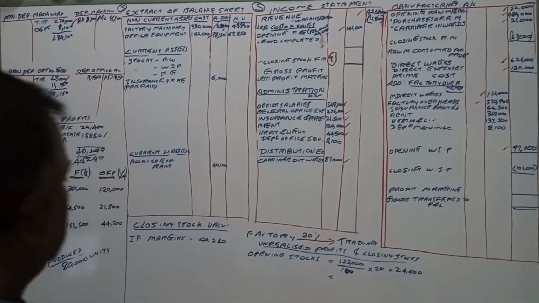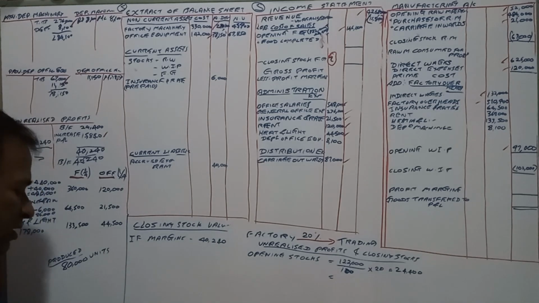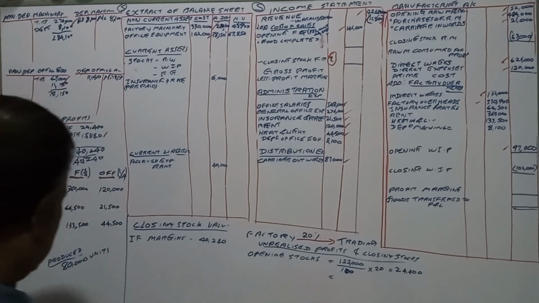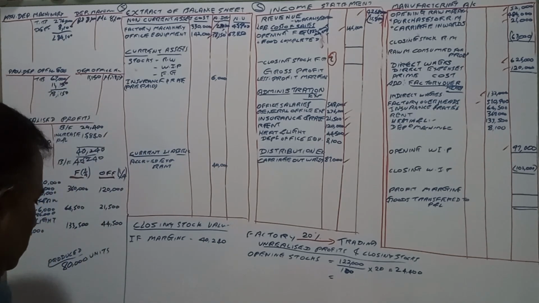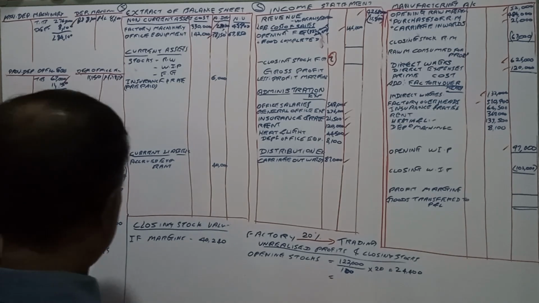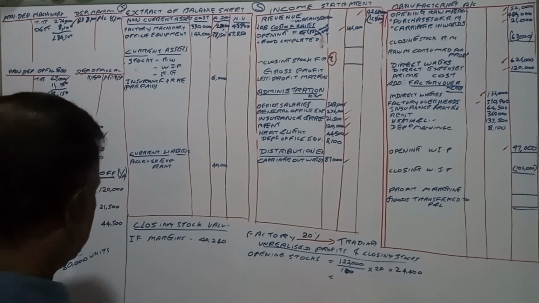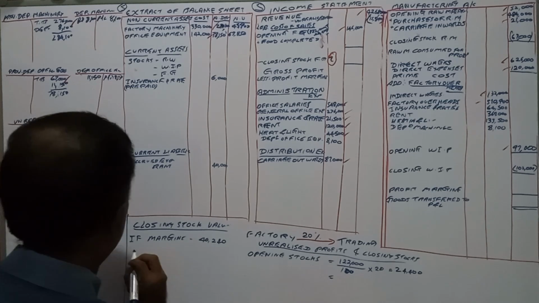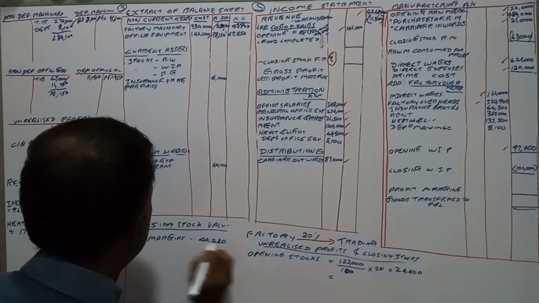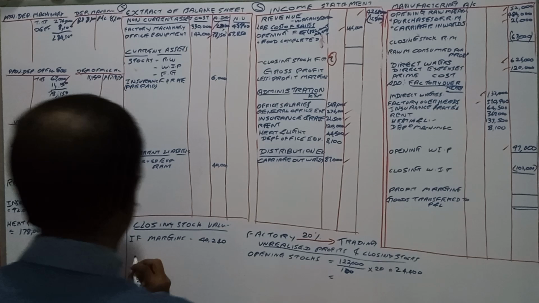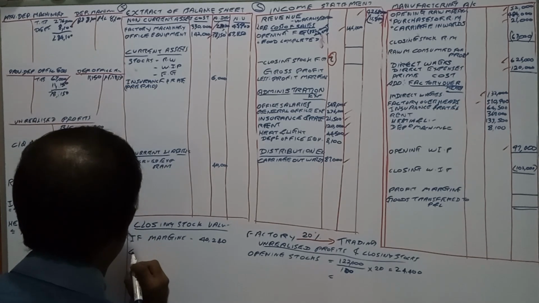This is the mathematical calculation. You must have brain to do that, otherwise you will lose, right? If the margin is 40,240, then the closing stocks.